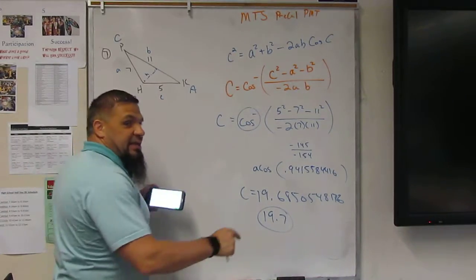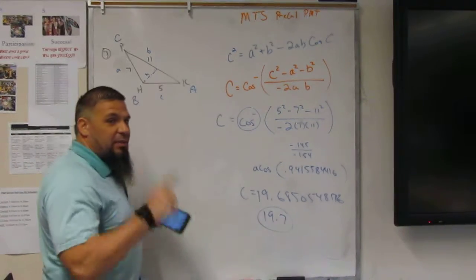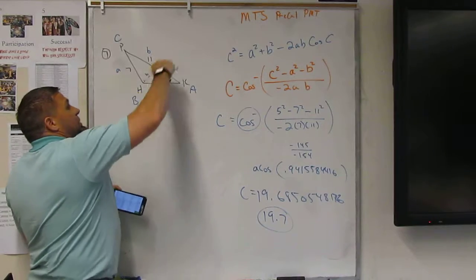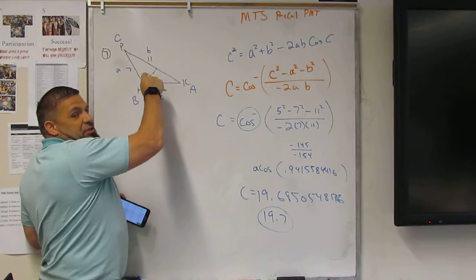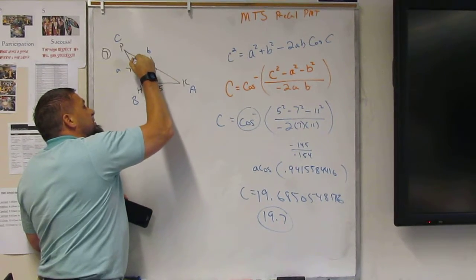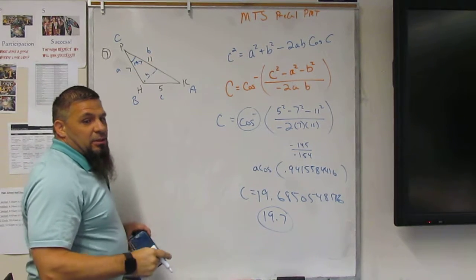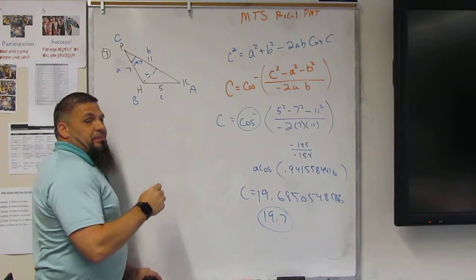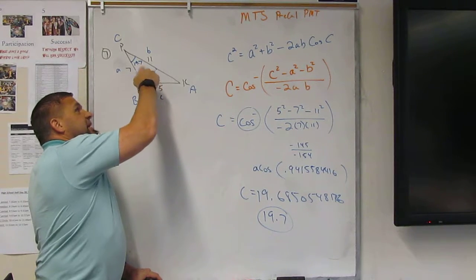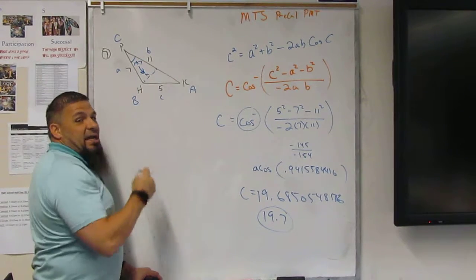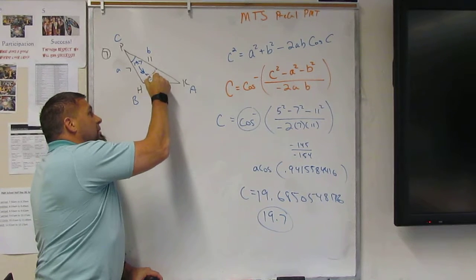Now, I can take this actual angle and think about this. This is a right triangle. I'm trying to find H, right? So I know what this is. This is 19.7, right? And this is 7, okay? So, remember, I'm looking for this. That's the opposite side, right? OPP.